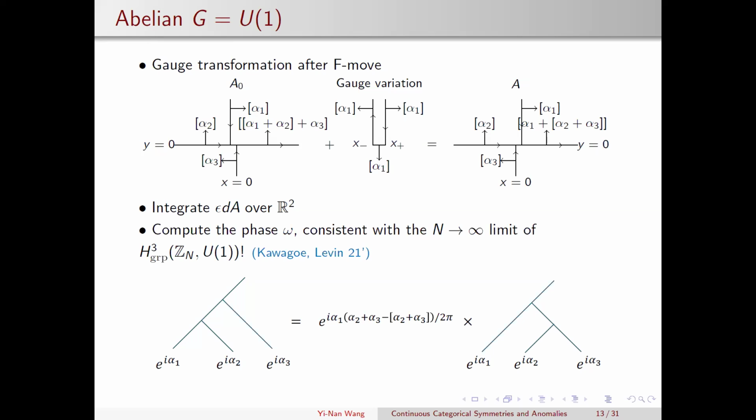I'm just asking, if you have a Zn valued gauge field, let's say A, B, C, does it correspond to A cup B cup C? Yes. Then I think if you rewrite it using U1 valued gauge fields, it is also A wedge B wedge C, right? It's no problem in that.